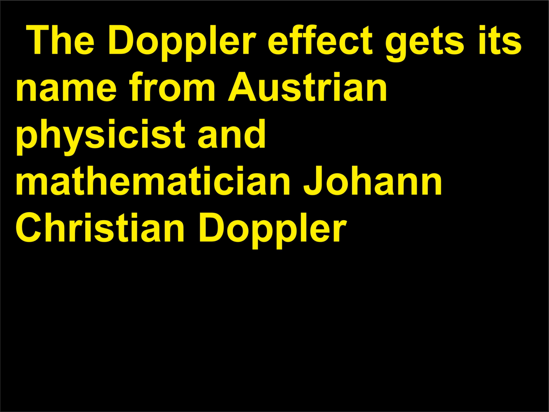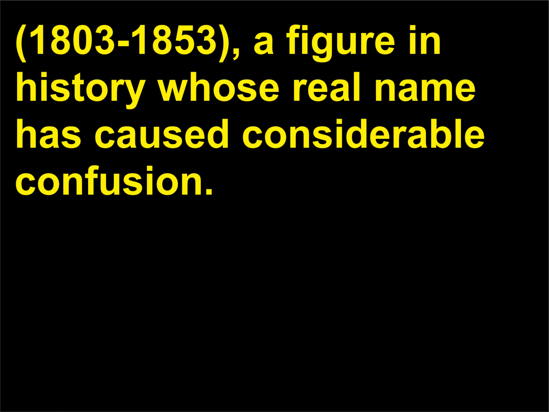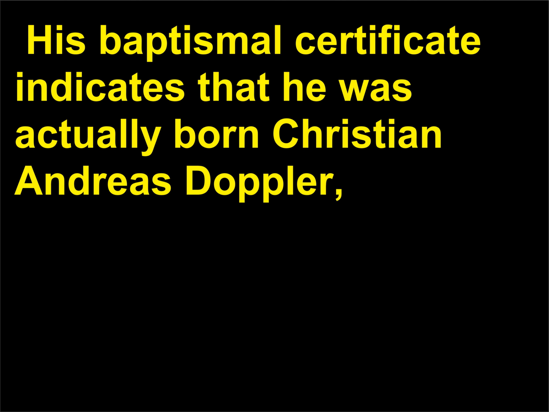The Doppler effect gets its name from Austrian physicist and mathematician Johann Christian Doppler, 1803 to 1853, a figure in history whose real name has caused considerable confusion. His baptismal certificate indicates that he was actually born Christian Andreas Doppler.